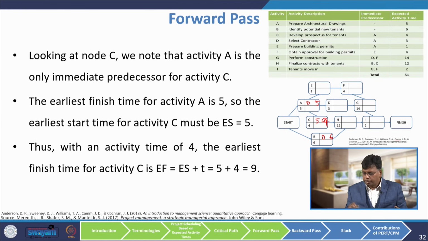Now, for activity H, we have to find out the earliest starting time. There are two earliest finishing times, one is 9, another one is 6.